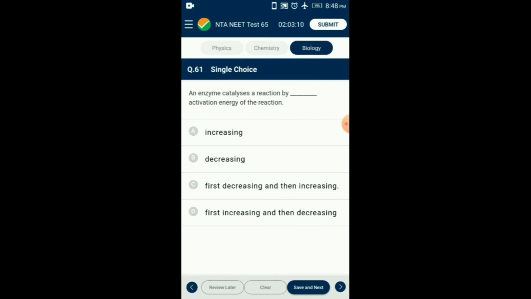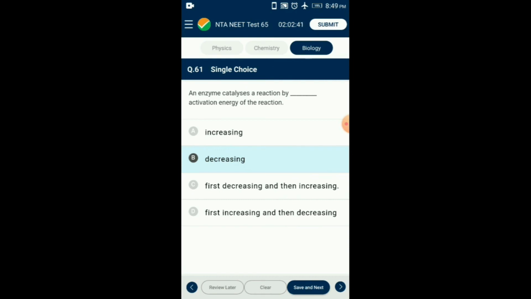Activation energy is lowered by using binding energy, which is released when the substrate binds to the active site of the enzyme to form the enzyme substrate complex. Thus, enzyme substrate complex formation is very much necessary for an enzyme catalyzed reaction to occur. So the answer is option B. An enzyme catalyzes a reaction by decreasing the activation energy of the reaction.